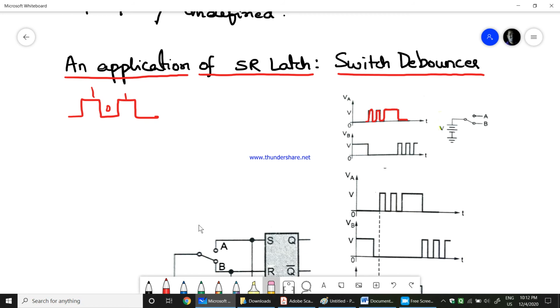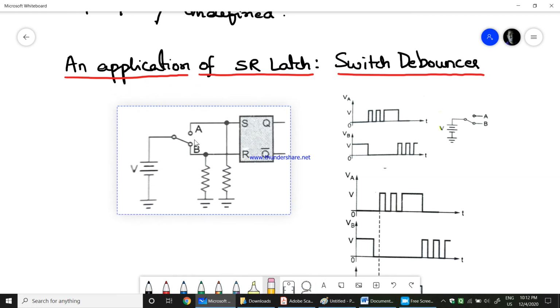So what would be the way where we can make that debouncing effect or the bouncing effect get avoided? How do we do that? That is what we try to see now. That can be done by using an SR latch connected to the switch.